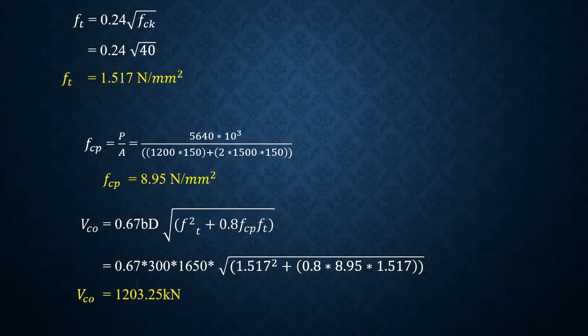Substitute the value 0.67 into 300 into 1650 into whole root of 1.517 square plus 0.8 into 8.95 into 1.517. So we will get VCO as 1203.25 kilonewton as a value.